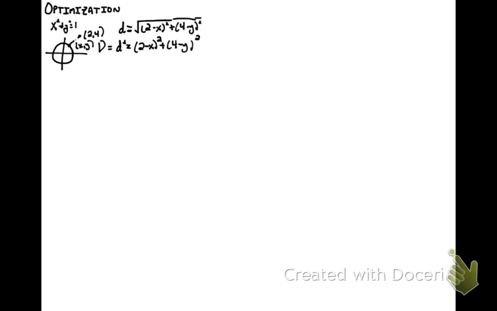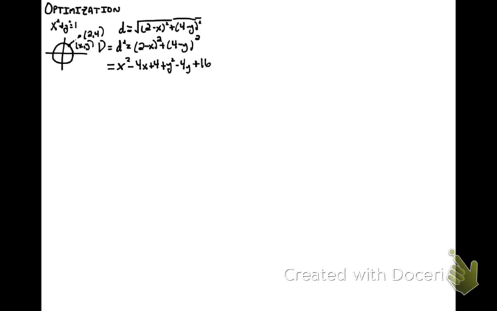So we can expand this and find that the equation we're working with is equal to x squared minus 4x plus 4 plus y squared minus 4y plus 16.